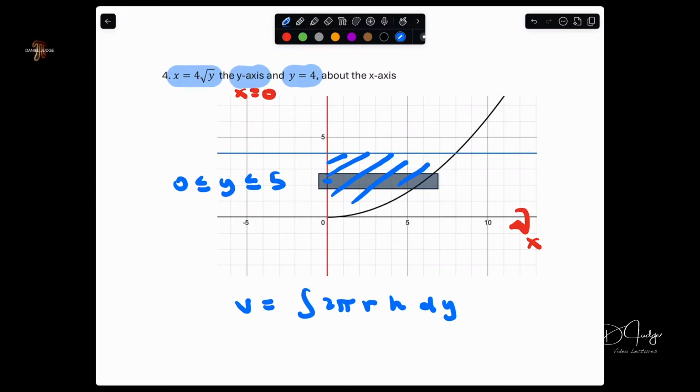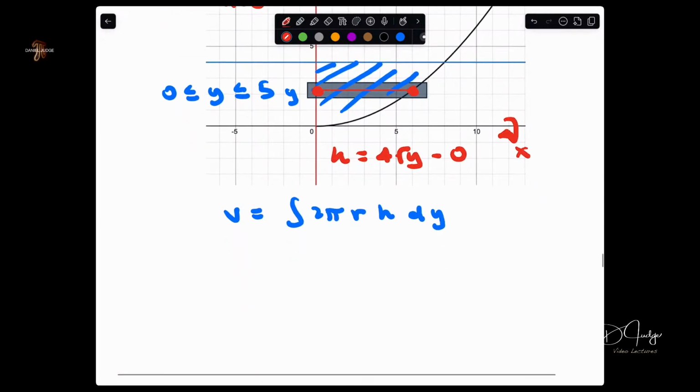Okay, and this is my radius value here, these y values. The height is going to be this distance now. So I just want to remind you guys, your height here is going to be the curve on the right, which is 4 square root of y, minus the left curve will be 0, but we don't even have to write that down.